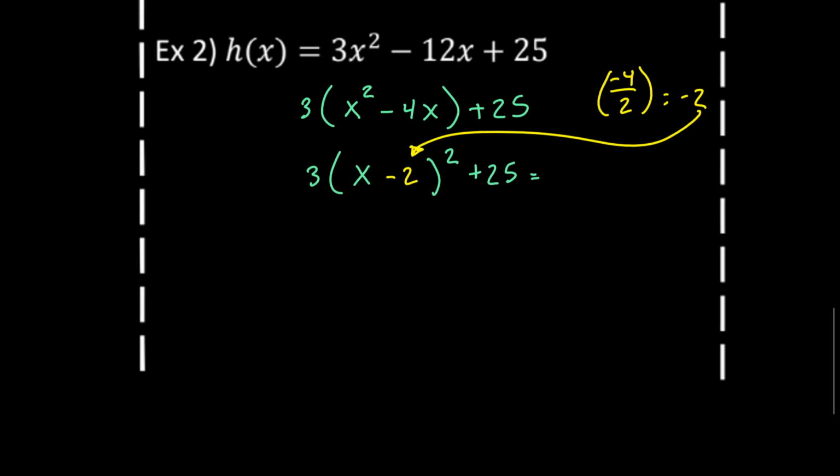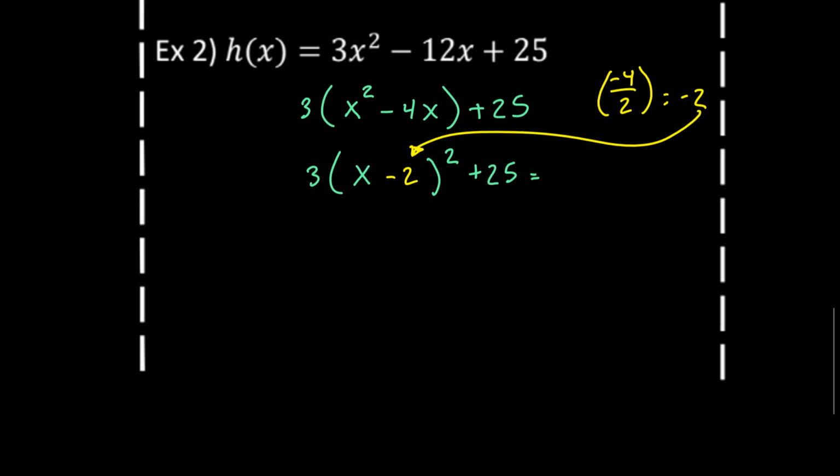However, because I'm squaring x − 2, what number am I accidentally adding into this side? What is happening to this negative 2? It's being squared, but what else is happening? Oh, it's also being multiplied by 3. So what is negative 2 squared? 4 times 3 is? So what am I actually adding in?